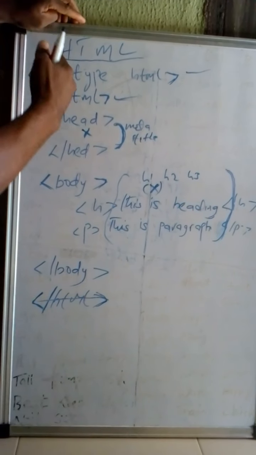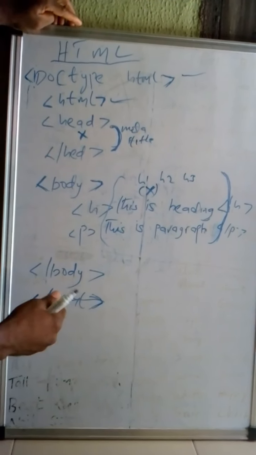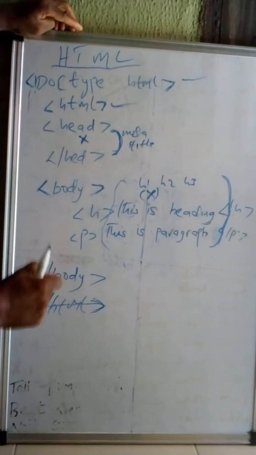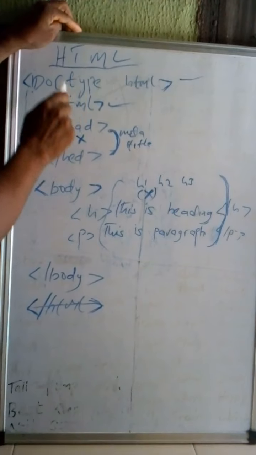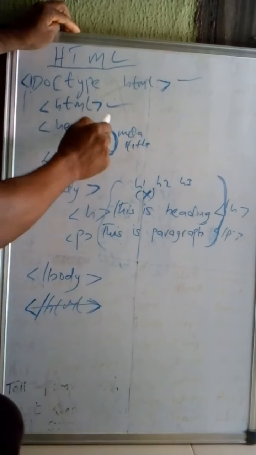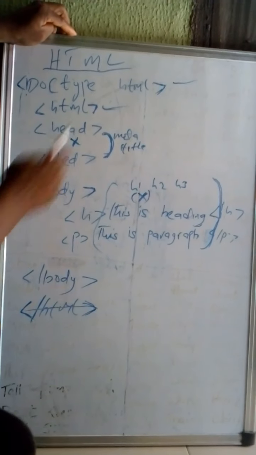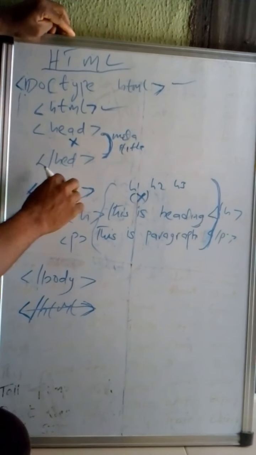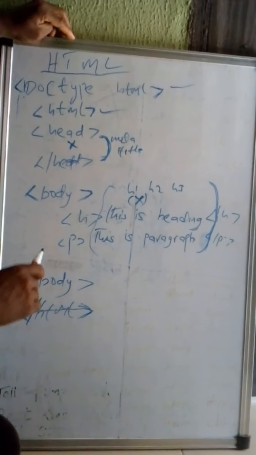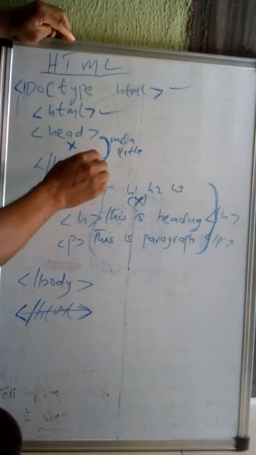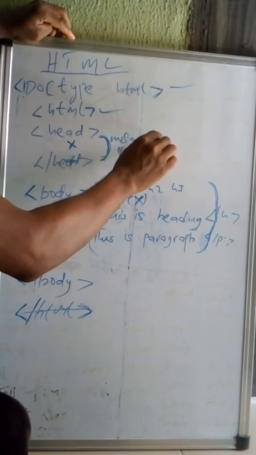So this is just a rundown, the elementary basics of every HTML web page. It starts with the doctype, then you have the HTML opening tag, then we have the head, and then you have the closing head. I told you that it is in this place you define the meta element.